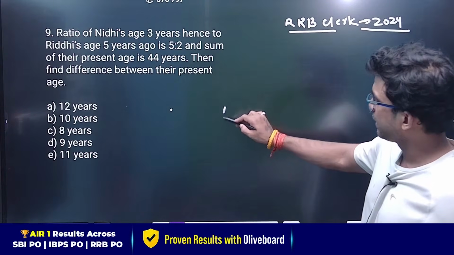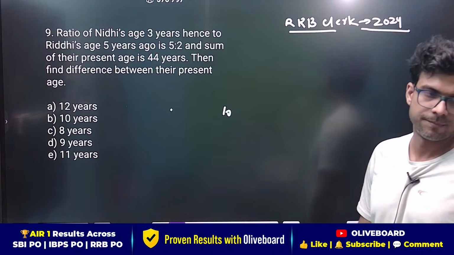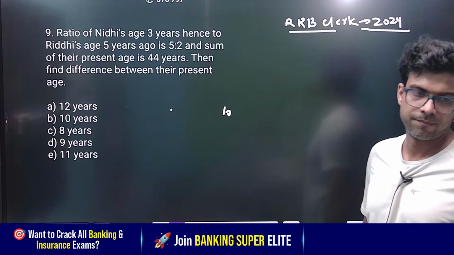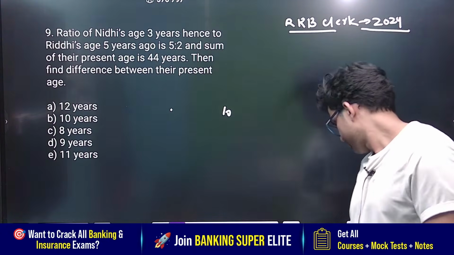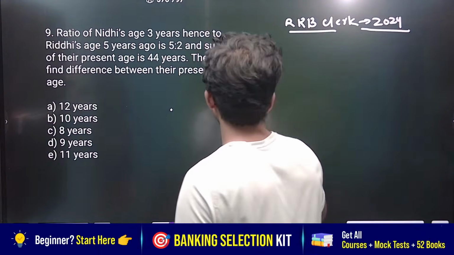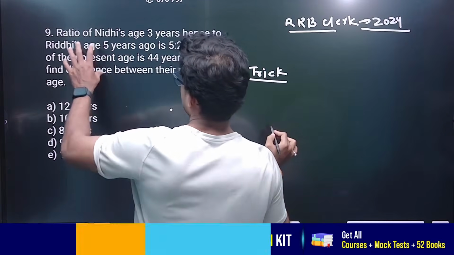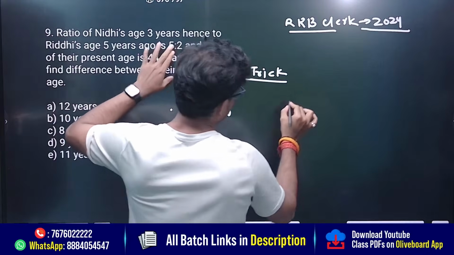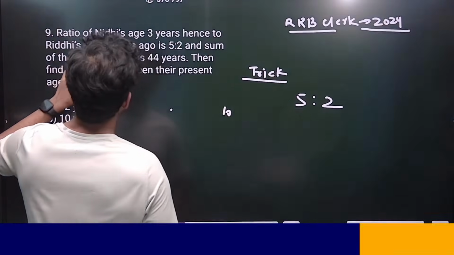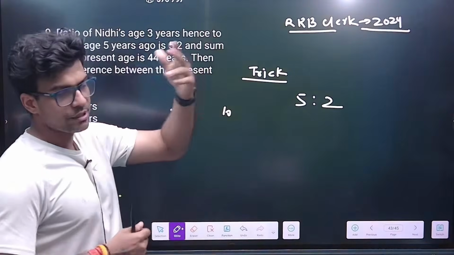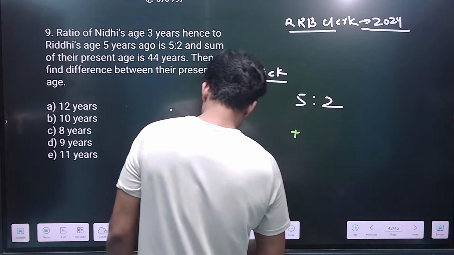Anyone is getting 10? Let me give you the trick for this. I have one trick. Such kind of question is given now, that ratio is 5:2. One is 5 years hence, means plus 5, and the other is 3 years ago, minus 3.